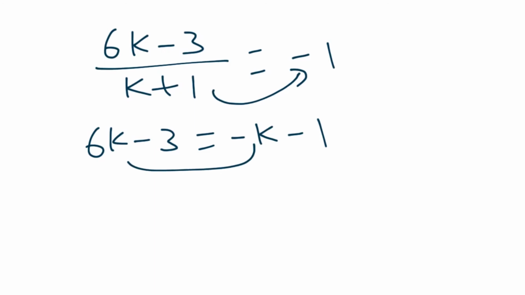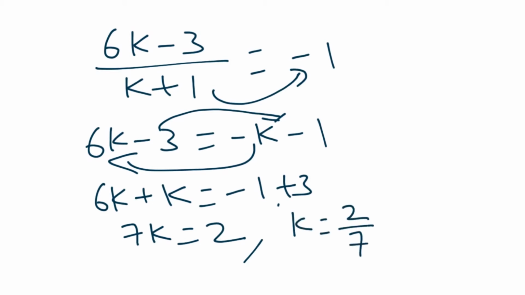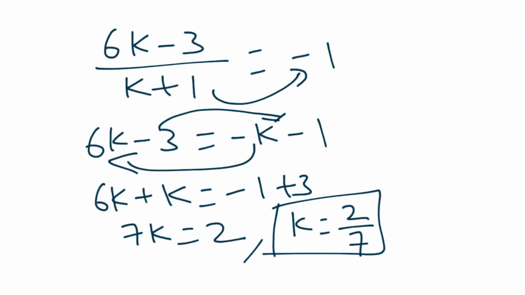Again transpose this minus k on this side and transpose -3 on this side. 6k plus k is equal to -1 plus 3. 6k plus k is 7k and -1 plus 3 is 2. So k is equal to 2 divided by 7. We discussed that k is equal to m by n. So we can say that the ratio in which it is dividing is 2 is to 7.